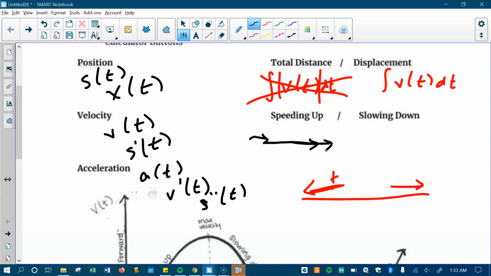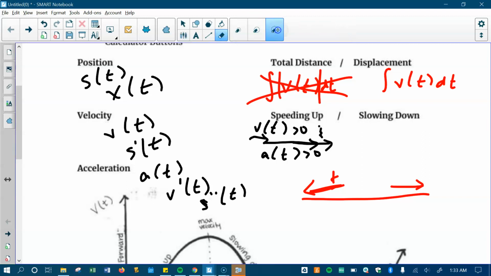So in math speak and calculus speak, we're basically saying if v of t is positive, meaning you're going in a positive direction, and a of t is positive, meaning that there's a force behind you that's moving you even faster in that direction you're going, then we call that speeding up.